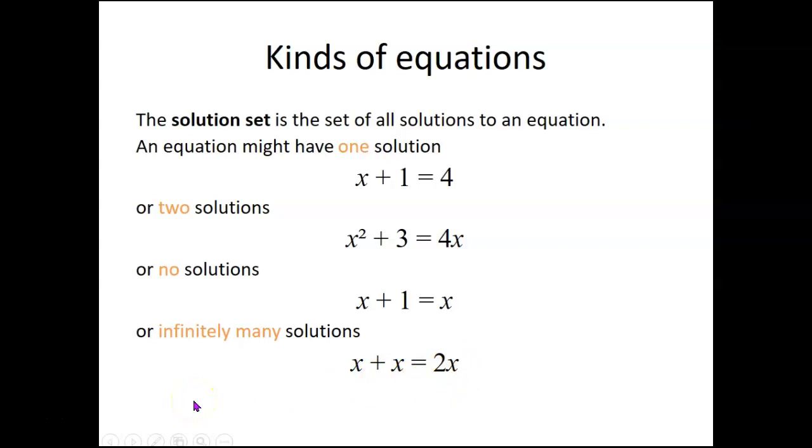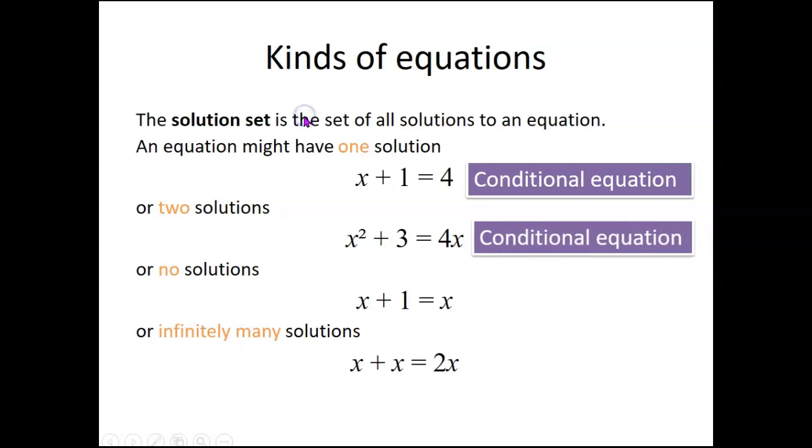So we see there are different kinds of equations. There are equations that are sometimes true, equations that are never true, and equations that are always true. Equations that are sometimes true are called conditional equations. They're true on one condition, or maybe two conditions, but there are certain things that x has to be for that equation to be true.